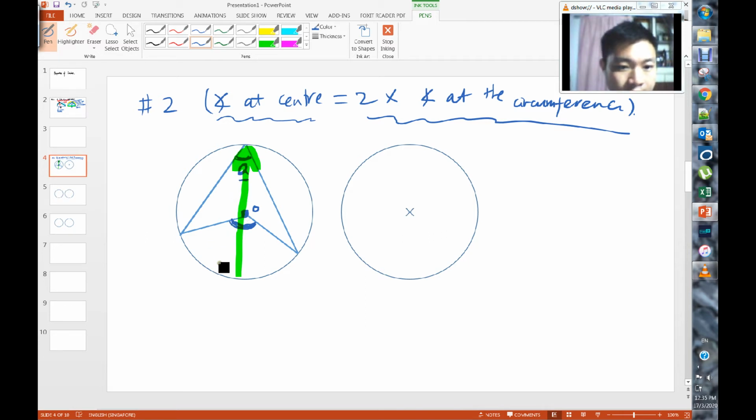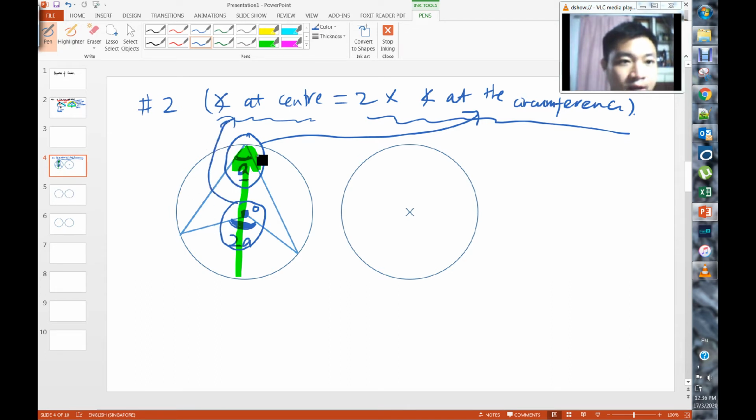So the angle at center, which is this one, is 2 times the angle at the circumference. This is your angle at the circumference, and this is the angle at the circumference. And then this is your angle at the center.